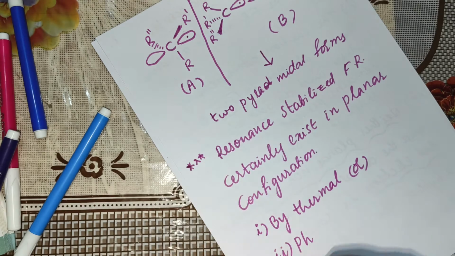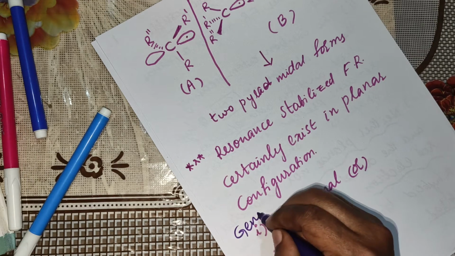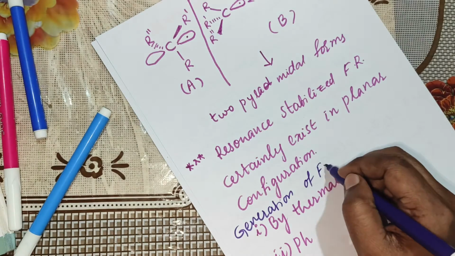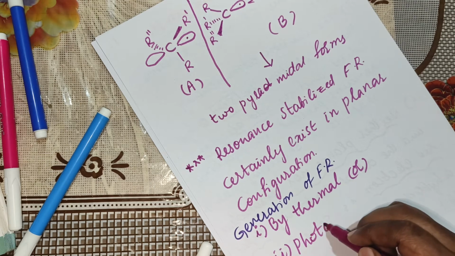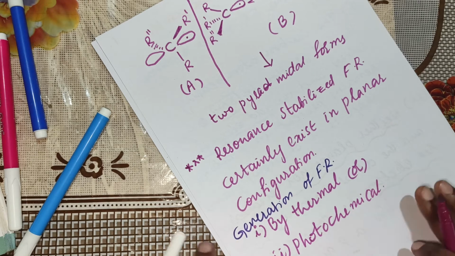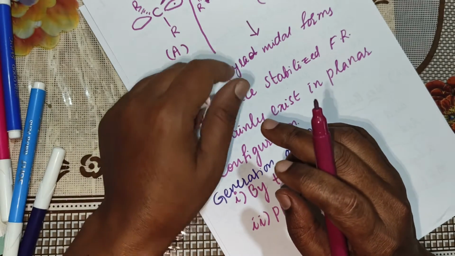Generation of free radicals can be thermal or photochemical. That is the point we can see here.